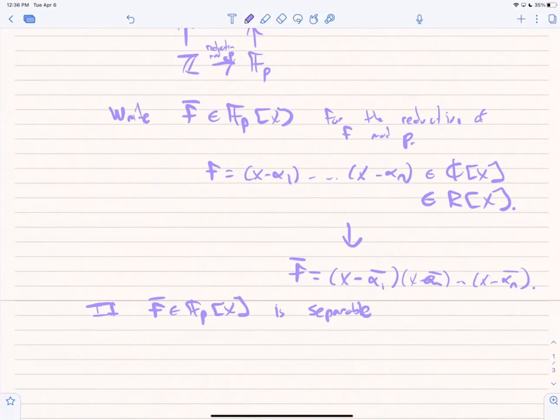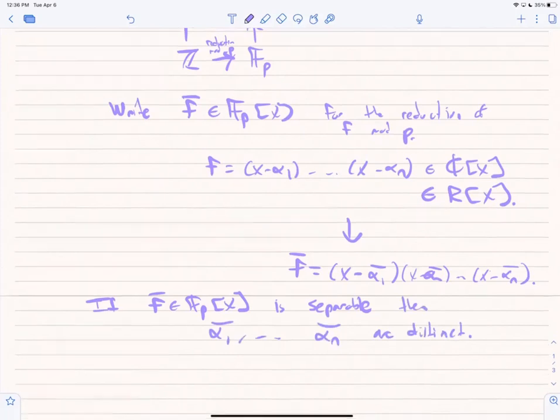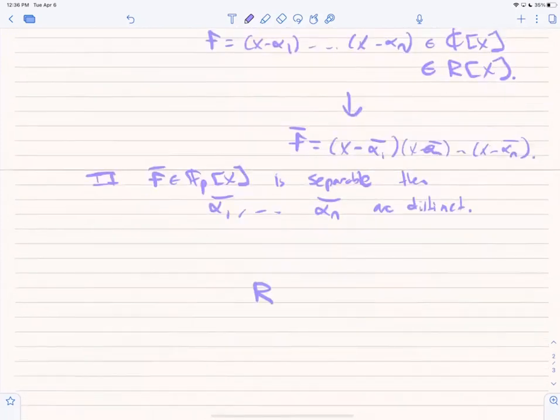But if this reduction mod P is separable, then alpha 1 bar through alpha n bar are distinct, because they're roots of the separable polynomial. And so you have R living inside the complex numbers, and also mapping by this reduction map to F_P bar.